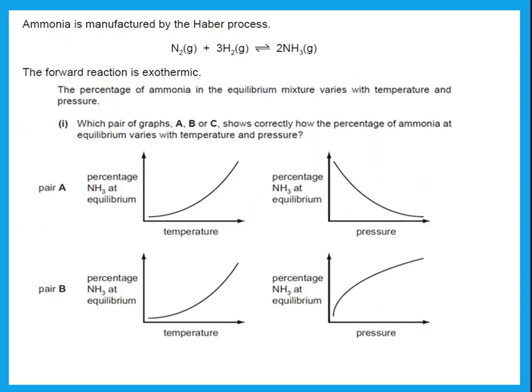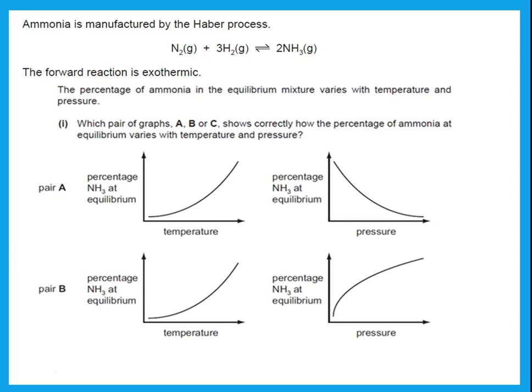Okay. Now, ammonia is manufactured by the Haber process again. The forward reaction is exothermic, and he's telling me the percentage of ammonia in the equilibrium mixture varies with temperature and pressure. Now, which pairs, A, B, or C, shows correctly how the percentage of ammonia at equilibrium varies with temperature and with pressure? If you remember this reaction, we have many questions about this reaction.